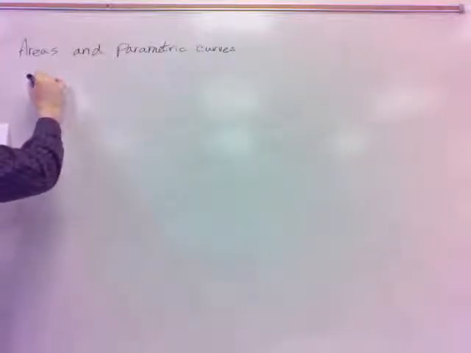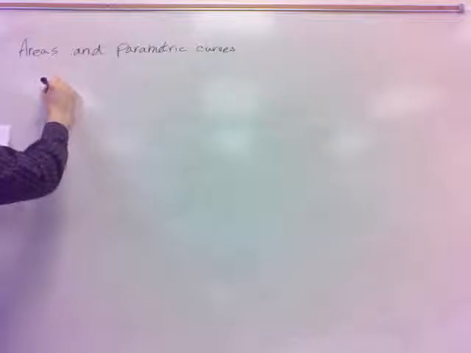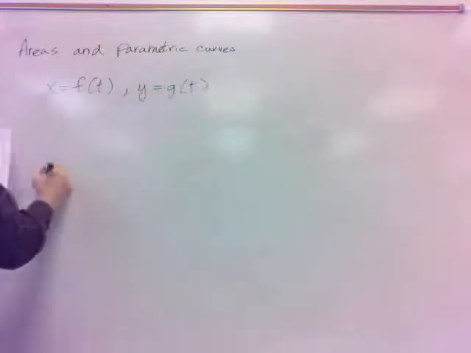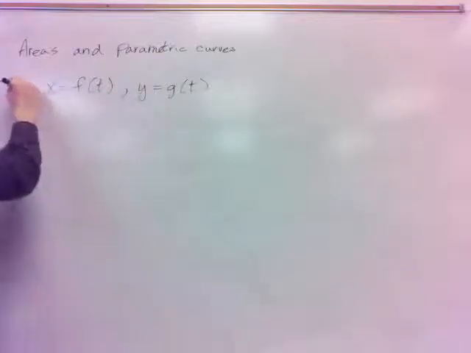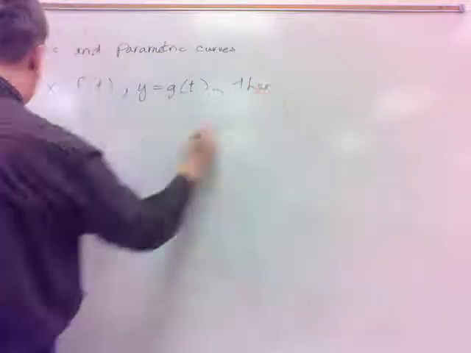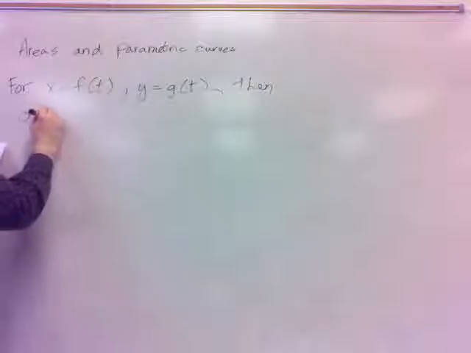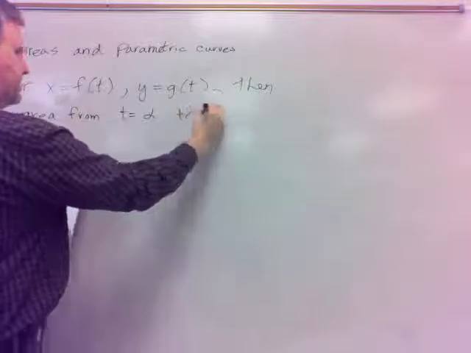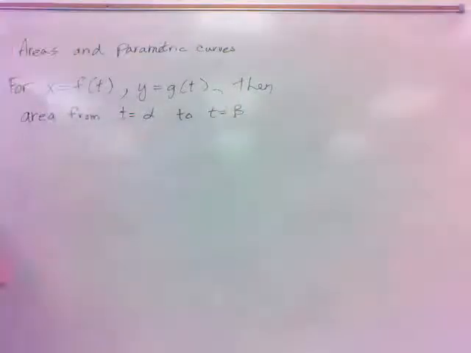If we're talking about parametric curves, x equals f of t, y equals g of t, then the area from t equals alpha to t equals beta, instead of using a and b, since we're using t's now instead of x's, we're going to use our t upper and lower limits, alpha and beta, for just the way they do it.